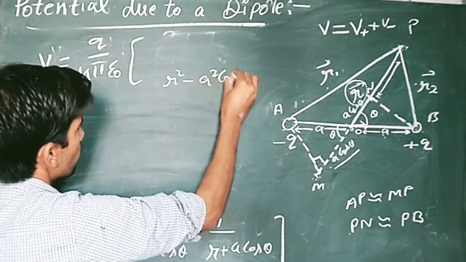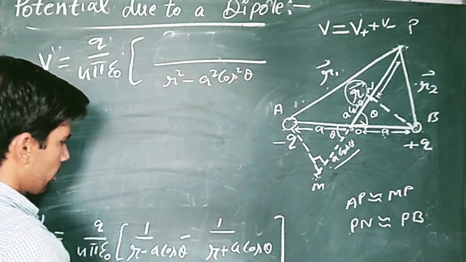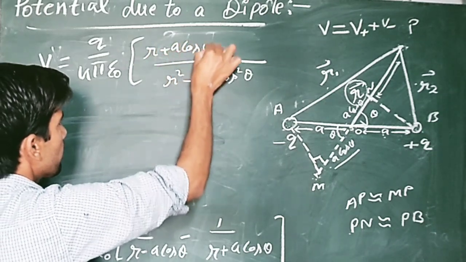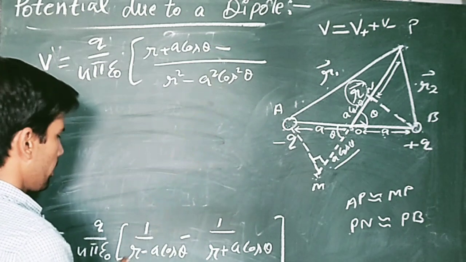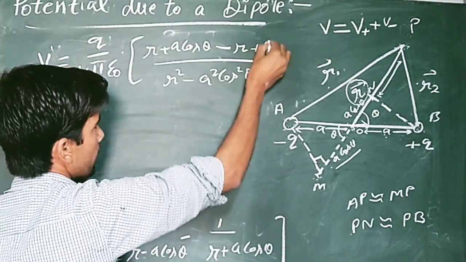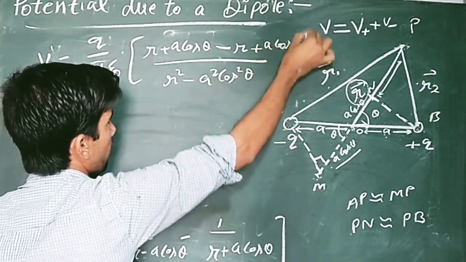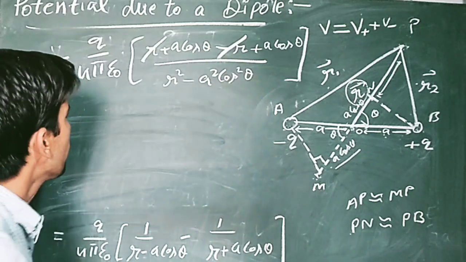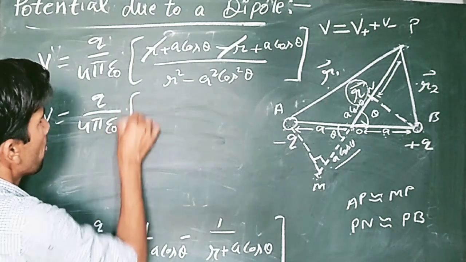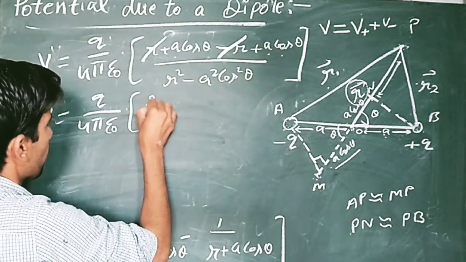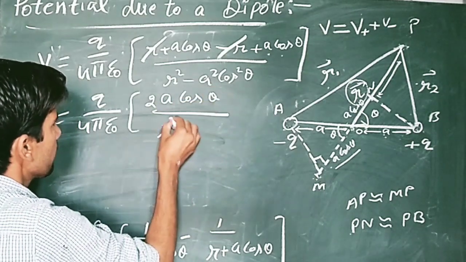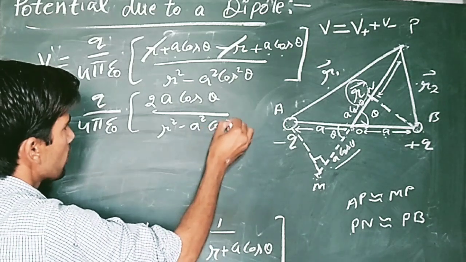In the numerator we have r plus a cos theta, and taking the minus sign, r is negative and this term becomes positive, plus a cos theta. Now cancel out r. Here V is q divided by 4 pi epsilon naught, and a cos theta plus a cos theta, that is 2a cos theta, divided by r square minus a square cos square theta.